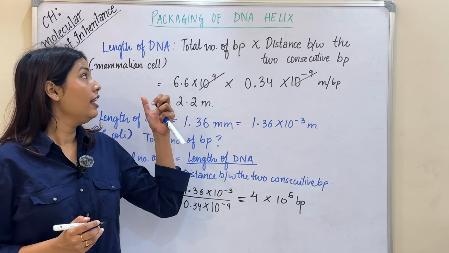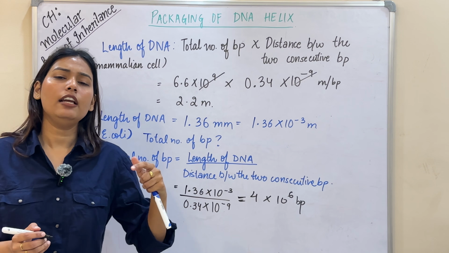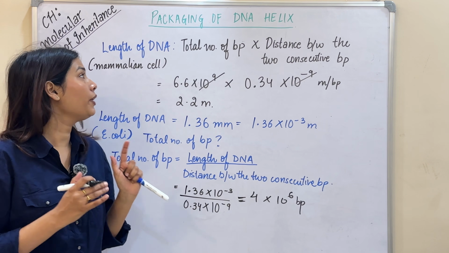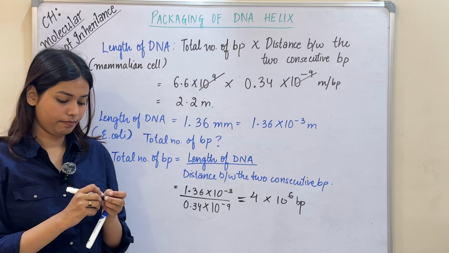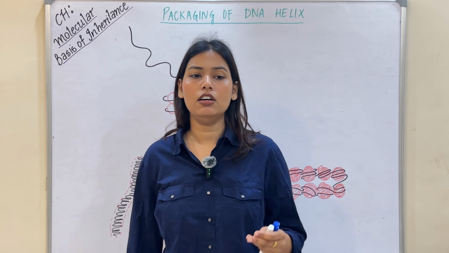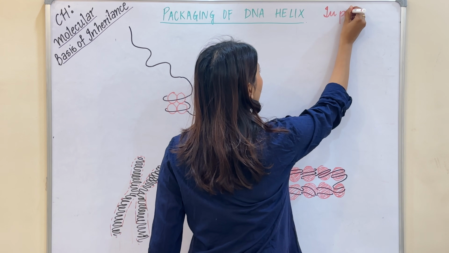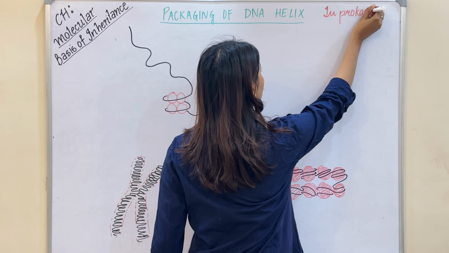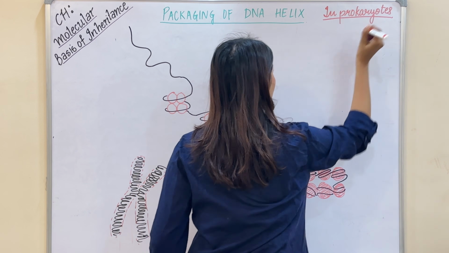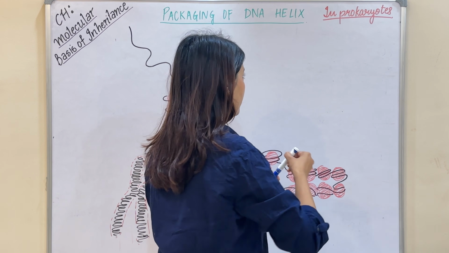Let's just find out how the packaging of DNA helix is done in prokaryotes, because E. coli is a prokaryote, and in eukaryotes, in a mammalian cell. So what about the packaging of DNA in a prokaryote? In prokaryotes, the DNA is a double-stranded DNA.